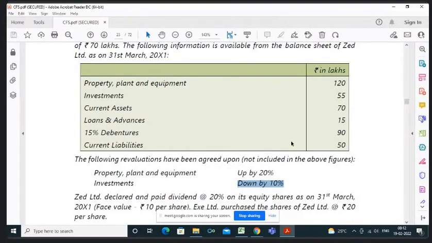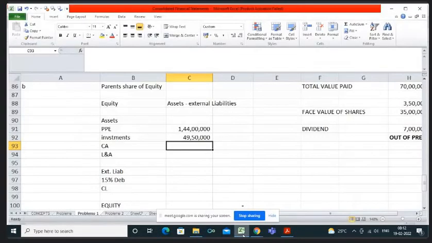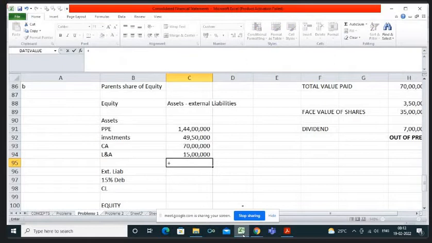Then current assets 70 lakh, loans and advances 15 lakh. So now what is the total assets? The total assets after revaluation will become 2 crore 78 lakh 50,000.